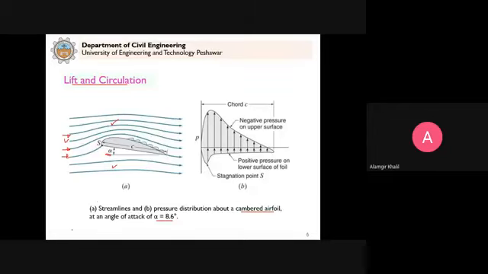The idea that we get is that when the streamlines are close to each other, at the top surface of this airfoil we can write down that V increases. Clear? V increases.